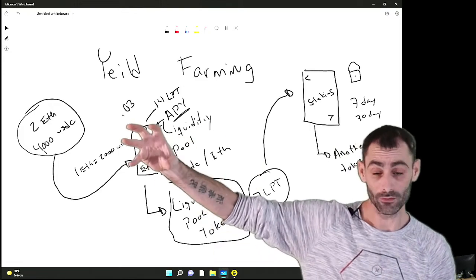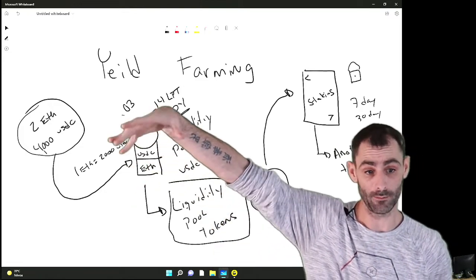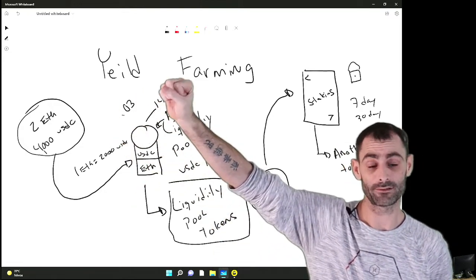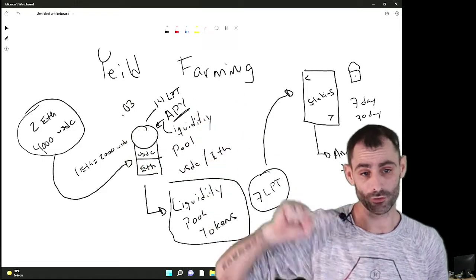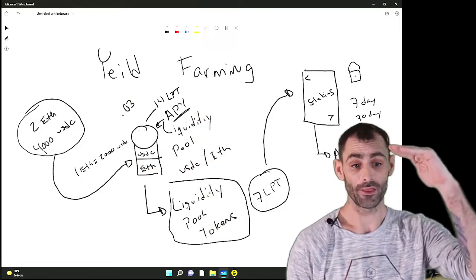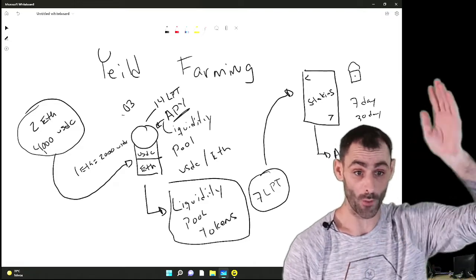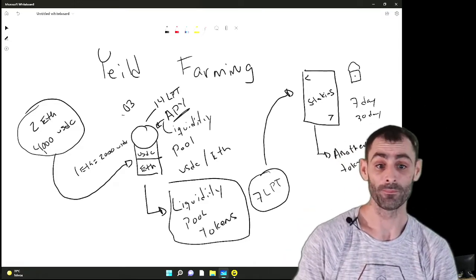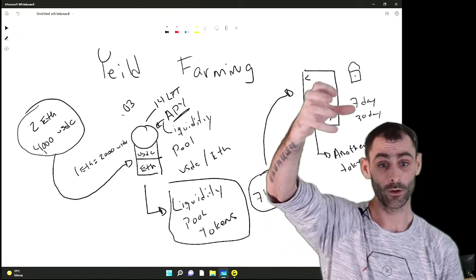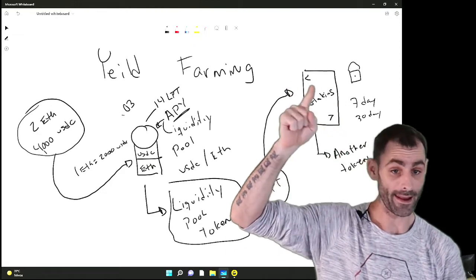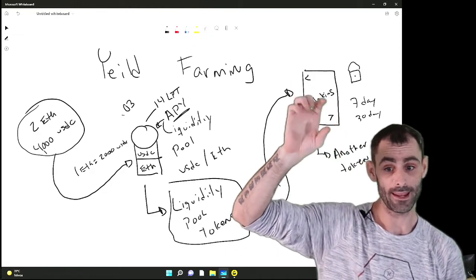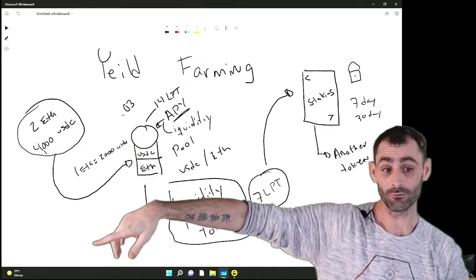So the liquidity pools want to be as big as possible, because the larger they are, the larger trades they can facilitate with the lowest price movement, which keeps the price from going all over the place. All right? So this is where yield farming comes in, where they incentivize people and say, hey, you've got this asset, you've got that asset.